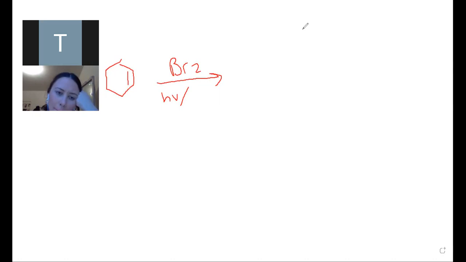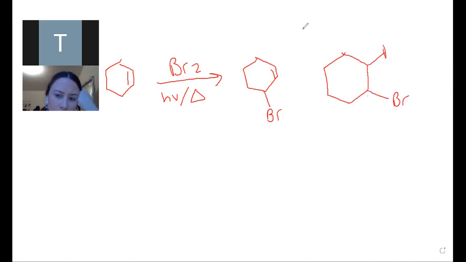So if I hit this with light or heat, I have two possibilities. I'm either A, going to keep my double bond and add a bromine like this, or I'm going to lose my double bond and now I'm going to have bromines like this. This is an either or. I'm going to get a mixture. There's no one set.